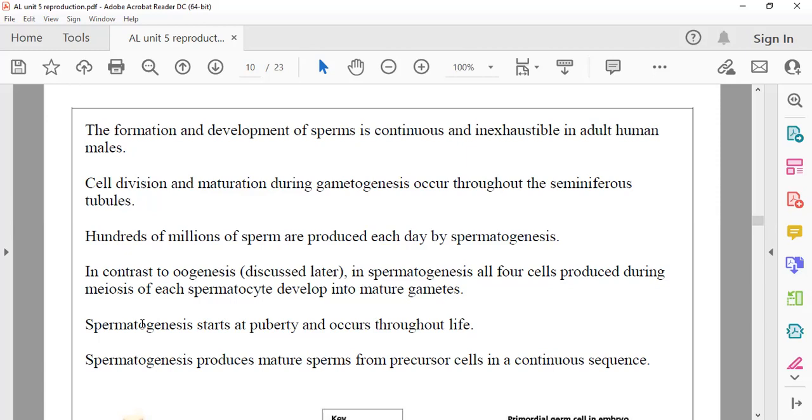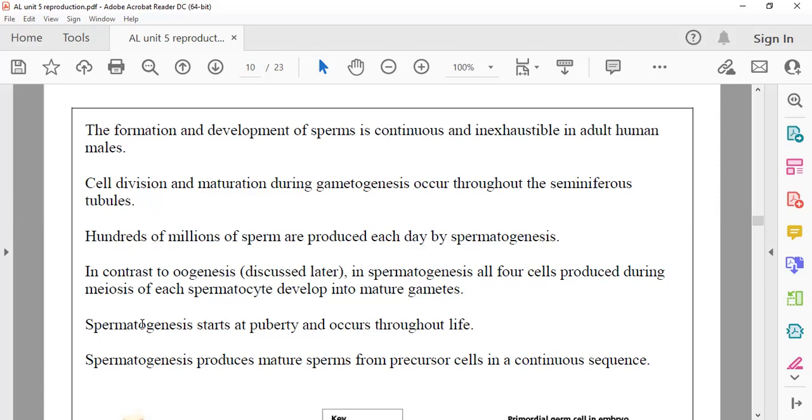Remember, one ova mother cell, oogonium. One ova mother cell, otherwise called, what is it? Oogonium.